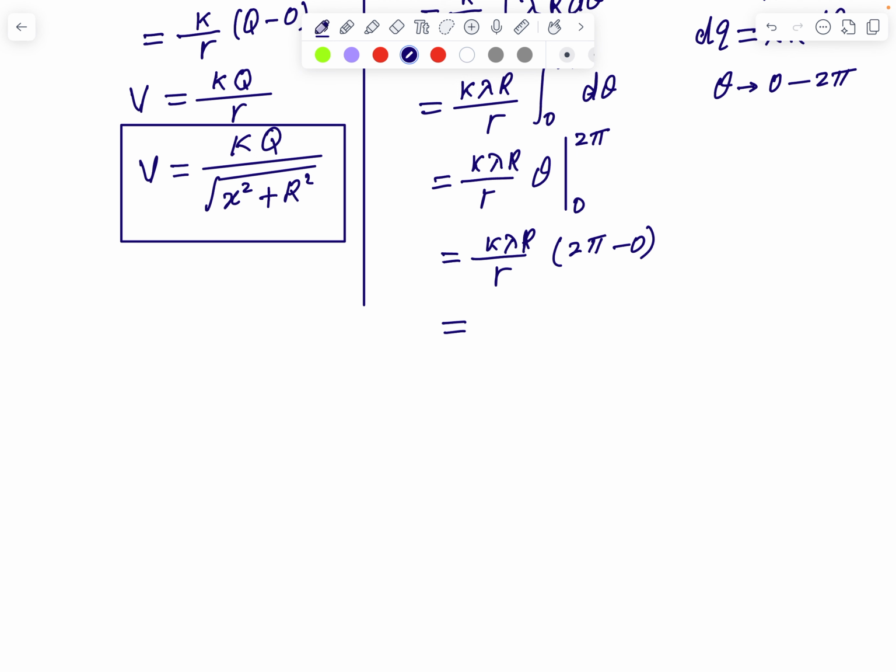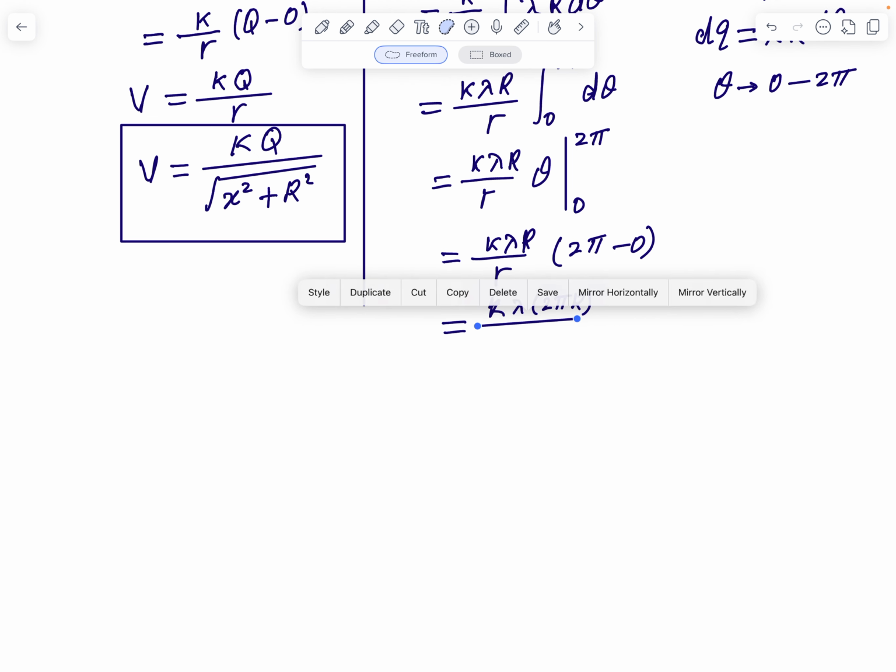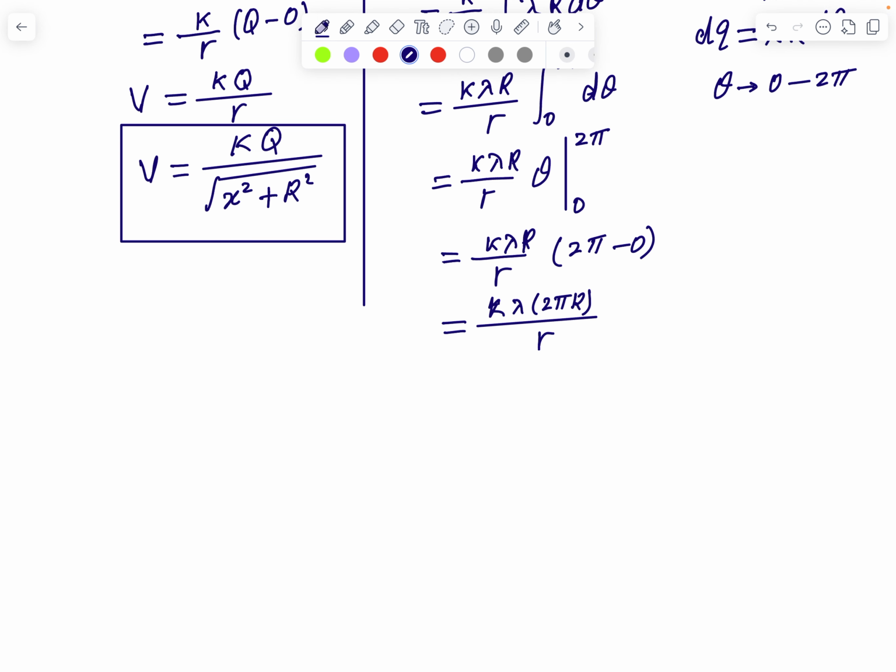Therefore, we're going to get k lambda times 2 pi R divided by small r.